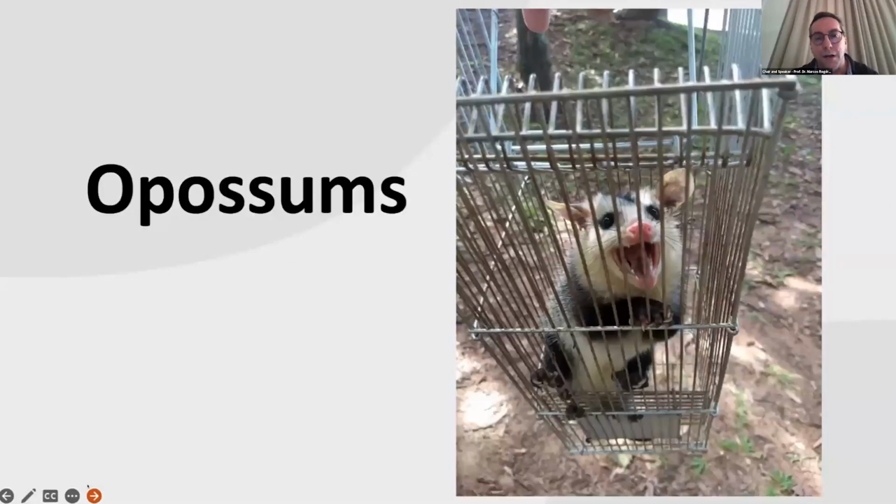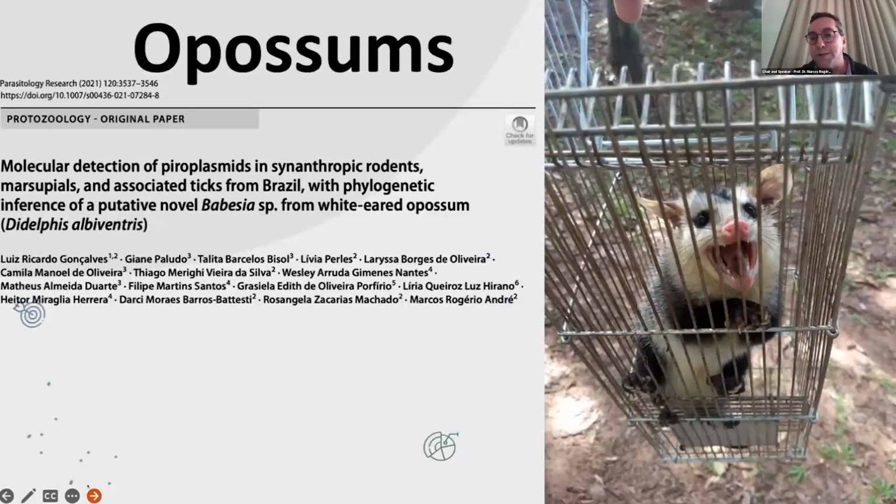Let's start our journey by talking about opossums. We have several species of opossums in Brazil, and we tried to find out if opossums were parasitized by Babesia or Theileria species.